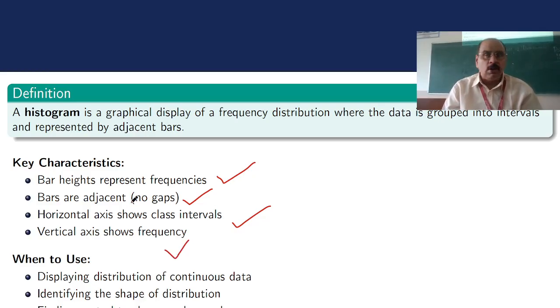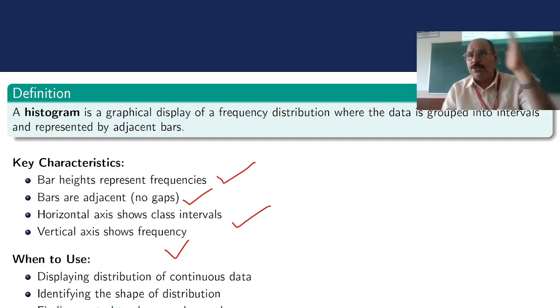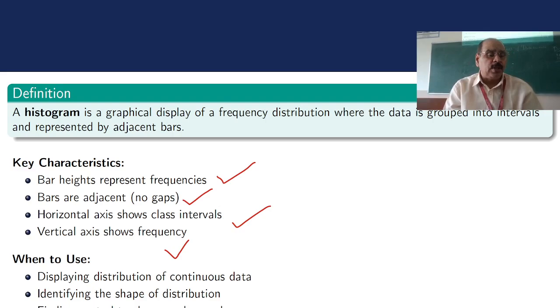This is in general. You have the bar charts or you have histograms the other way around also. And we have advanced tools and software which can easily create histograms.